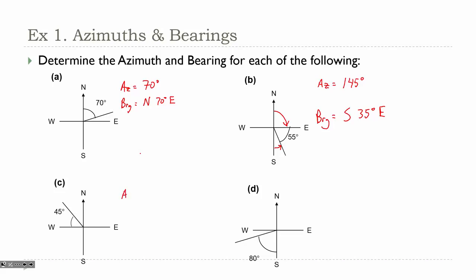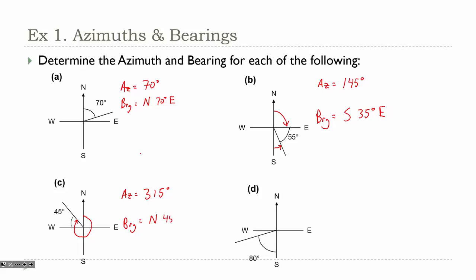C, azimuth? 350. Sounds right. So 270 degrees plus 45 gives us all the way around 315 degrees. Bearing? North 45 west.